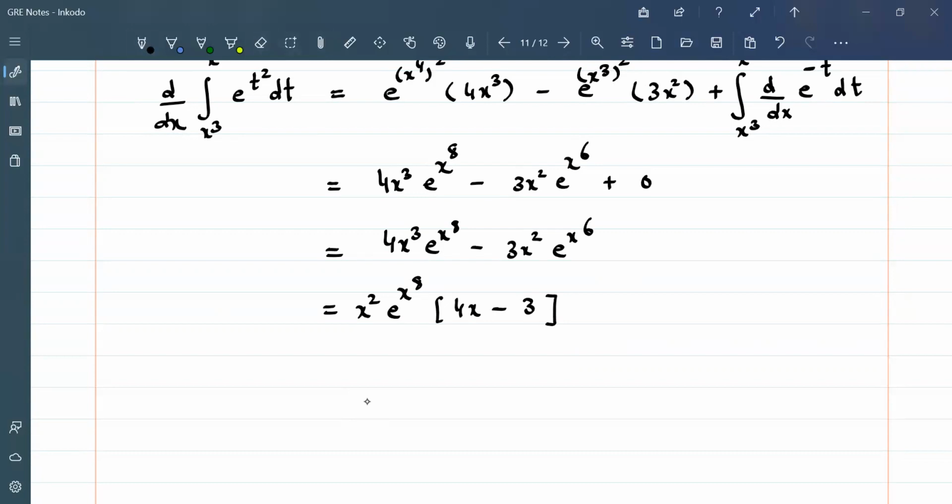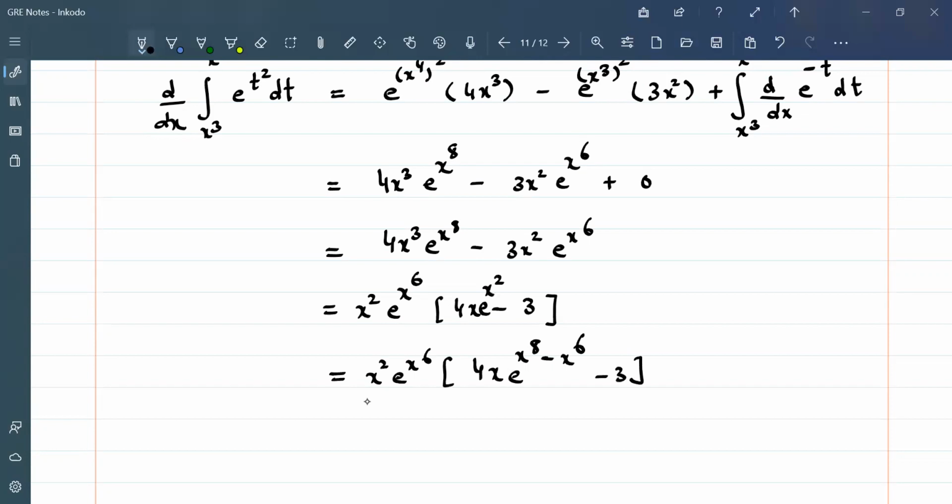Now we will take x raised to power 6 as common. If we simplify this again, we can write it in this form: x square e raised to power x^6 times 4x e raised to power x^8 minus x^6 minus 3.